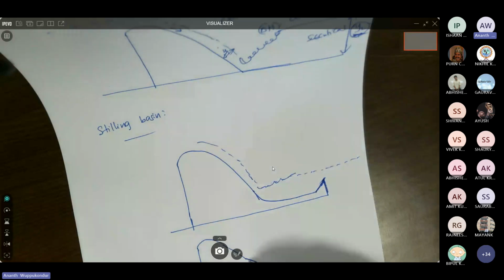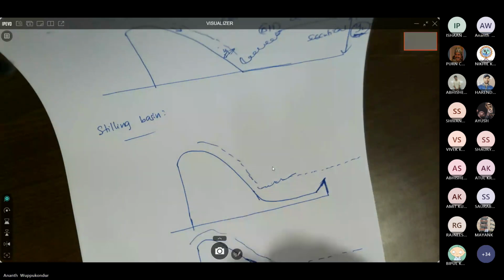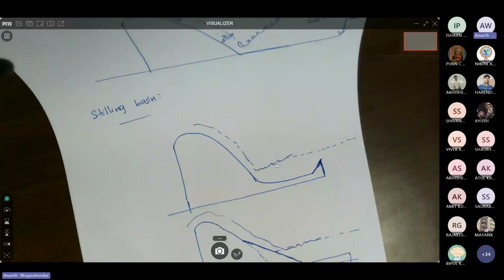Now instead of the parabola or curved surface, I have provided a slope. Now again, using this slope and an apron, you can create a pool of water that will also create a jump. So that is sloping apron.